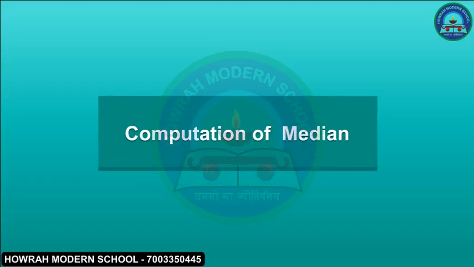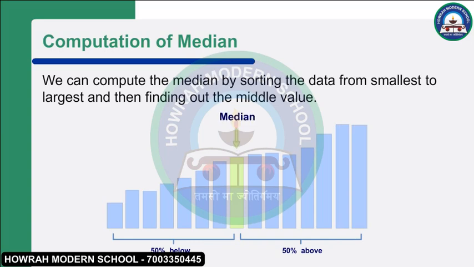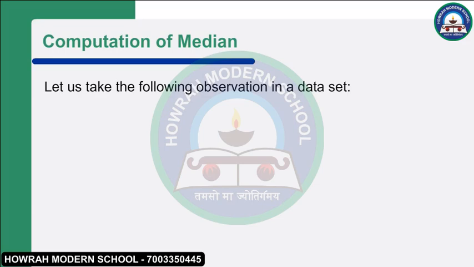Computation of median. We can compute the median by sorting the data from smallest to largest and then finding out the middle value. Let us take the following observations in a data set: 5, 7, 6, 1, 8, 10, 12, 4, and 3.